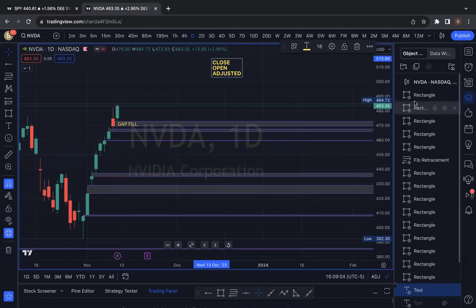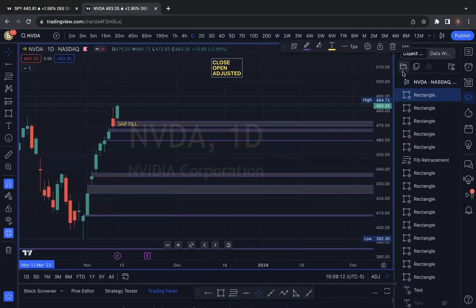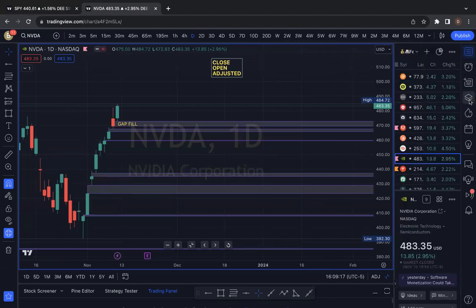So what you do is, if I'm looking for the rectangles, I'm going to click the rectangle. First, the object tree is going to be this little stack of papers right here. I hope everybody can see that. My TradingView just updated, so my object tree was down here, and yours may still be down here.